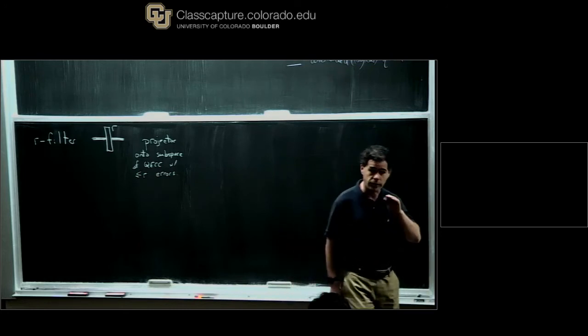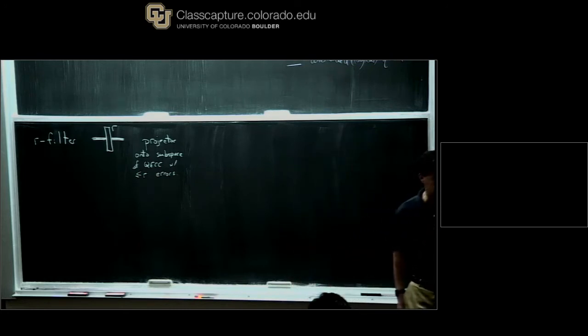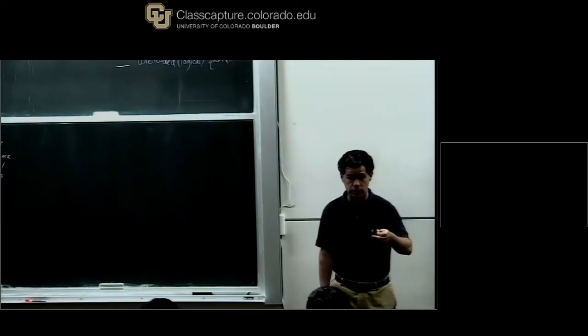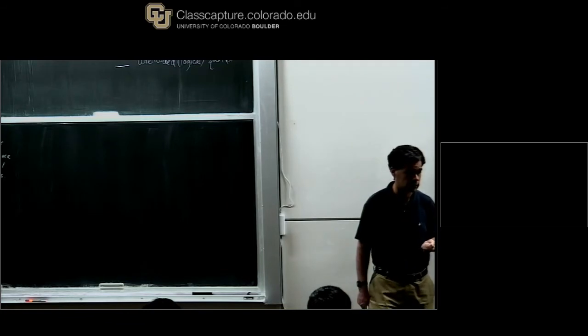I mean, the 0 filter is the projector onto the code subspace, and the 1 filter is the projector onto the subspace spanned by the states of the quantum error correcting code with a single Pauli error on them. But it's a subspace, so it could also be a sum of states of that form. Okay? And similarly, the 2 filter is the projector onto the subspace of the code states with 1 or 2 Pauli errors and superpositions.